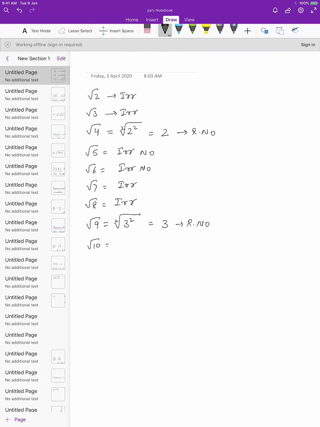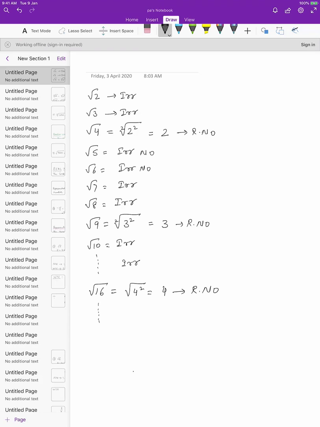Again root 10 is an irrational number. So moving in the same manner, when I come to the square root of a perfect square number, say the next number is 16, that comes out to be root 4 square, which gives me 4, which is a rational number. But any other number between root 10 and root 16 will all be irrational numbers.